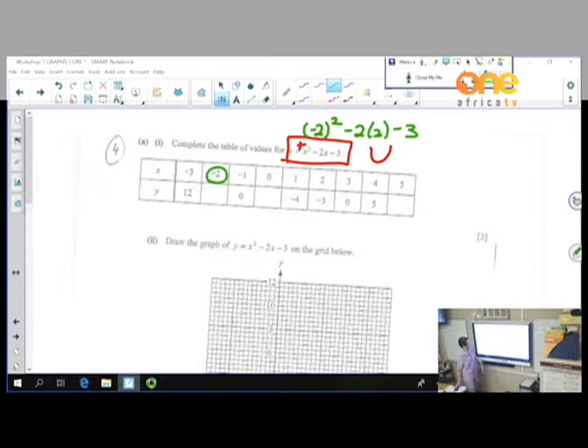A 5, yes. So this one is then 5 there. This one, 0, this is still your C. So we can immediately just use that value and write it in there because that is still your y-intercept, ax squared plus bx plus c.